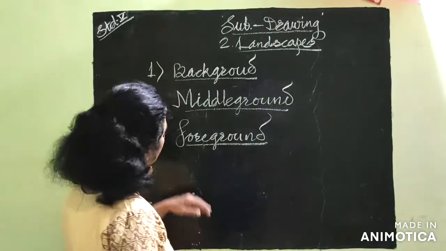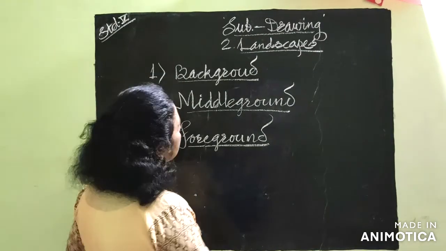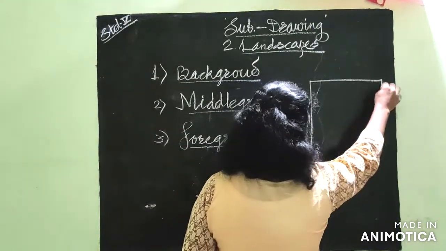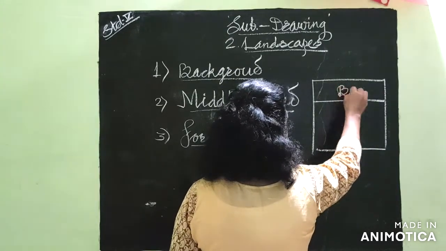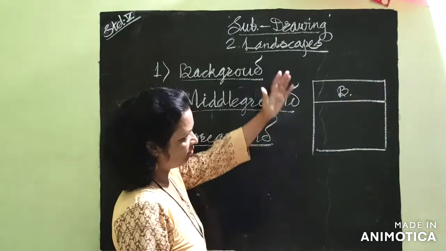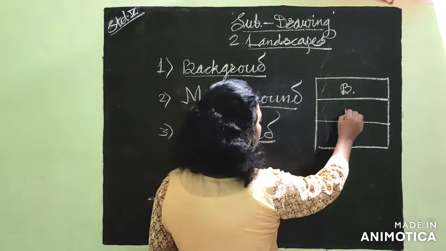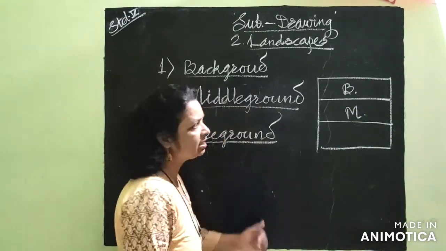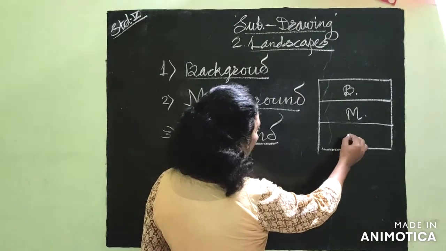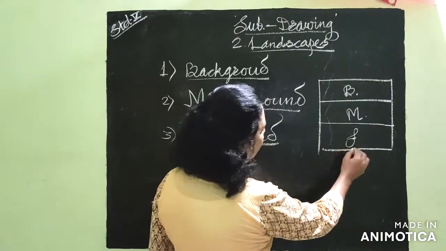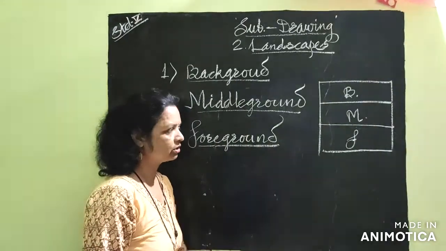Now we know that the background is very far from us, the middle ground is at a middle distance, and the foreground is very near to us.